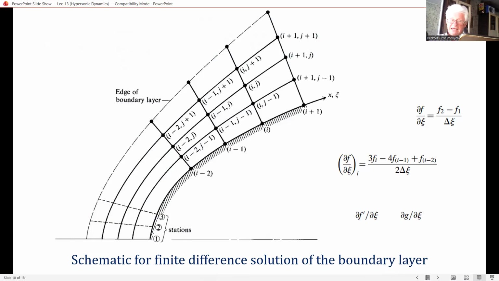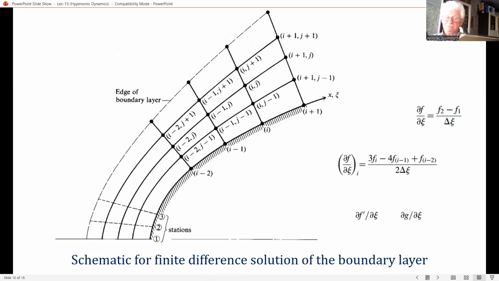Also shown is a grid network at four different zeta or x stations, namely i minus 2, i minus 1, i, and i plus 1. Assume that we wish to calculate the boundary layer profile at the station denoted by i. Okay?